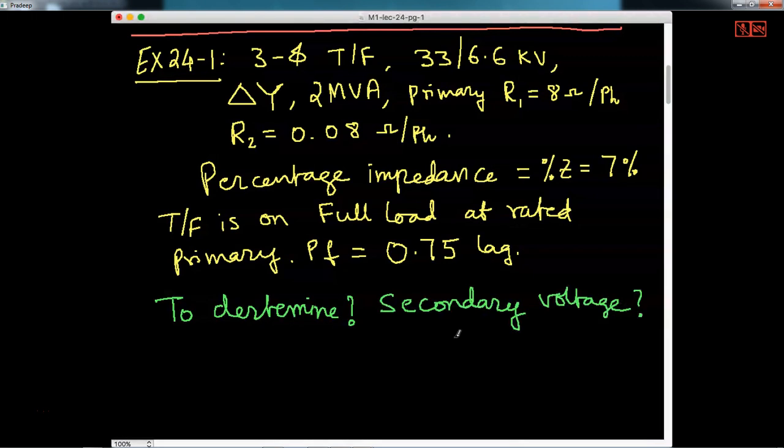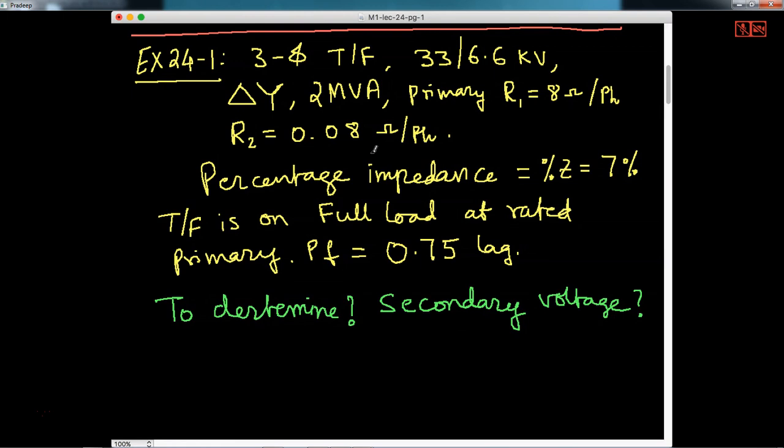Okay, so this data is given to you. So let us use our understanding of one-phase transformers, whatever we learned, and try to solve this problem. First thing you should do anytime you look at a problem is look at the information that is given and try to use it to the best possible.